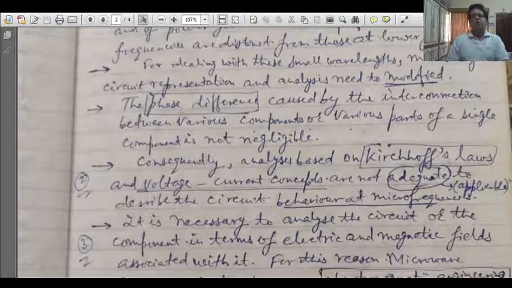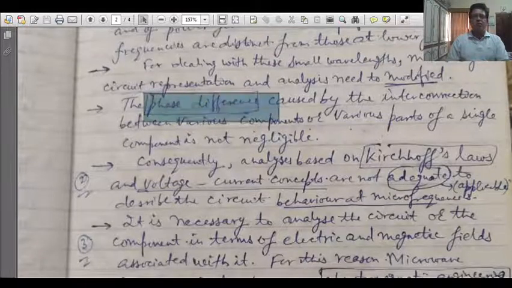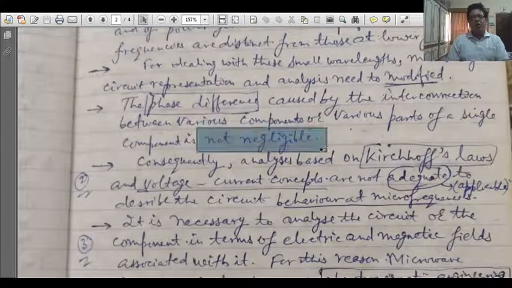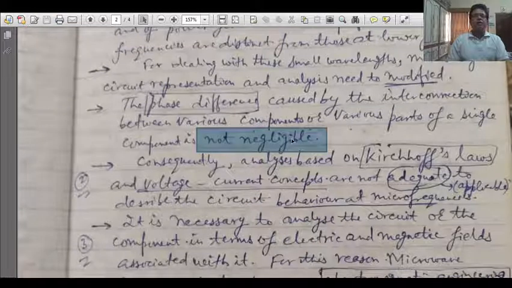The phase difference caused by the interconnection between various components, or various points of a single component, is not negligible. These affect such kind of analysis.